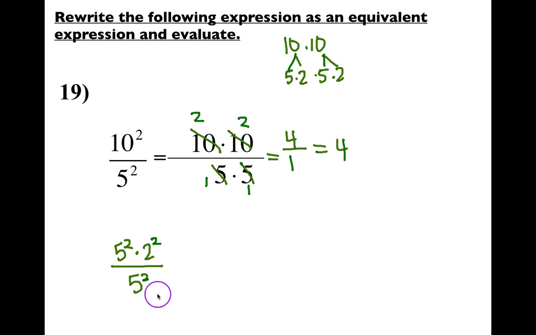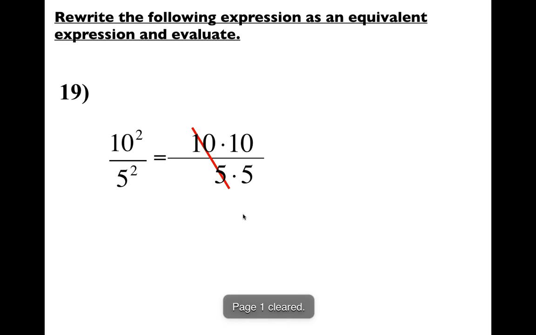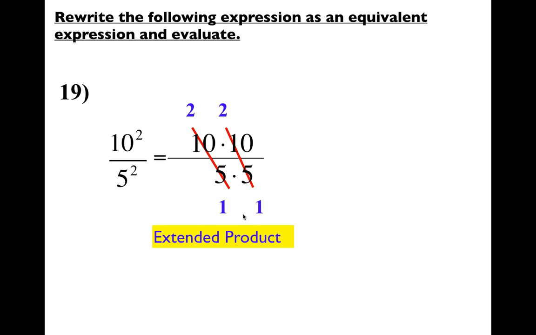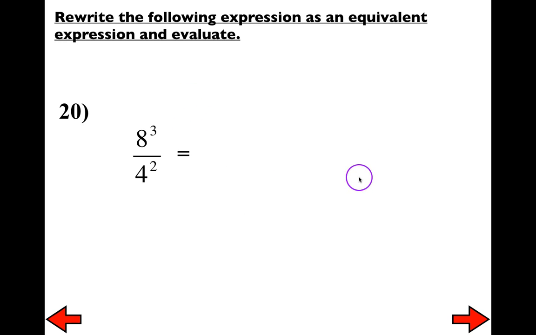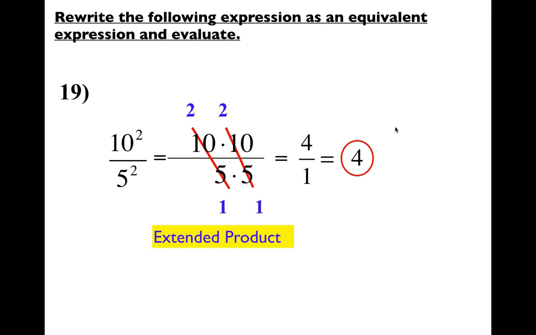I'm just writing it like this. So that way I can see, oh look, I have 2 5s, 2 2s, and then 2 5s. Oh look, I can cross cancel. So that's just another way of thinking of it, okay? So again, the answer would just be 4 over 1, which simplifies to just 4. So this would be your answer completely evaluated.